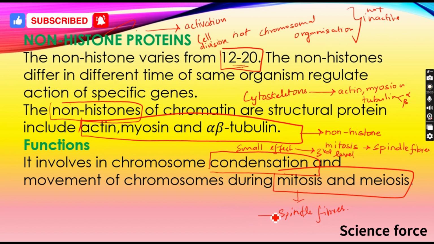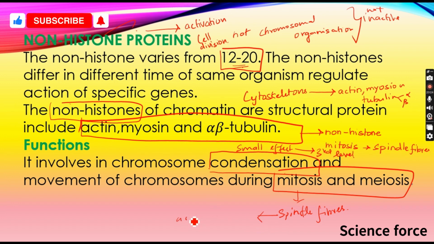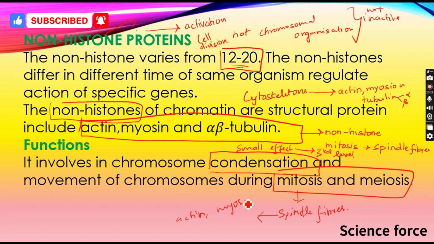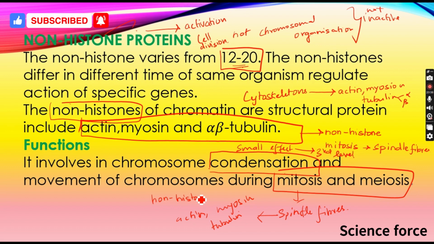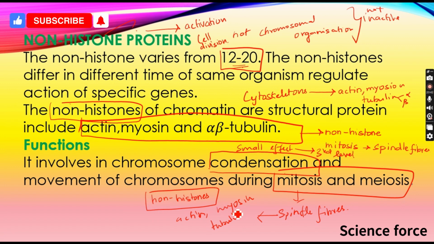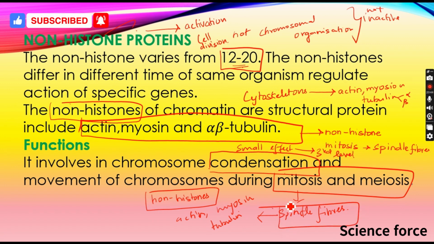The spindle fiber is formed by the cytoskeletons like actin, myosin, and mainly tubulin. Therefore, the non-histone proteins have a small effect in chromosomal condensation during the third level of organization, but a main effect in spindle fiber formation, mitosis and meiosis function.